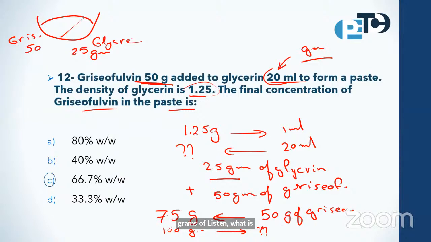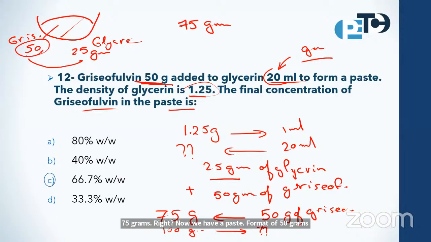What is the total weight of this mixture? 75 grams, right? Now we have a paste formed of 50 grams of griseofulvine present in 75 grams of the mixture. Right? Till now, do you have any problem?